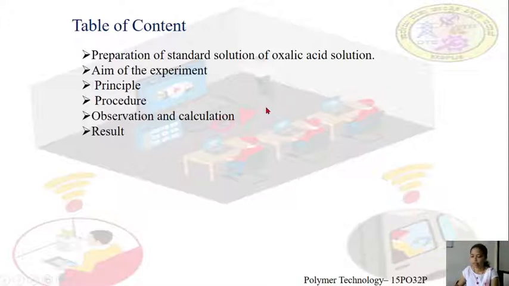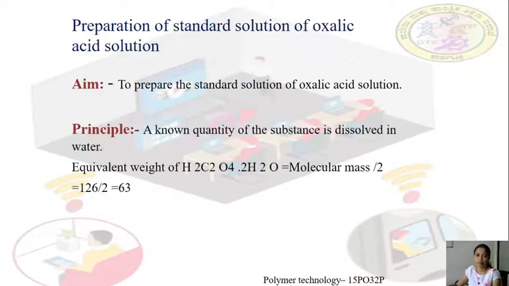The content of this experiment are the preparation of standard solution of oxalic acid: the aim of the experiment, principle, procedure, observation and calculation, and the result. Aim of this experiment is to prepare the standard solution of oxalic acid.